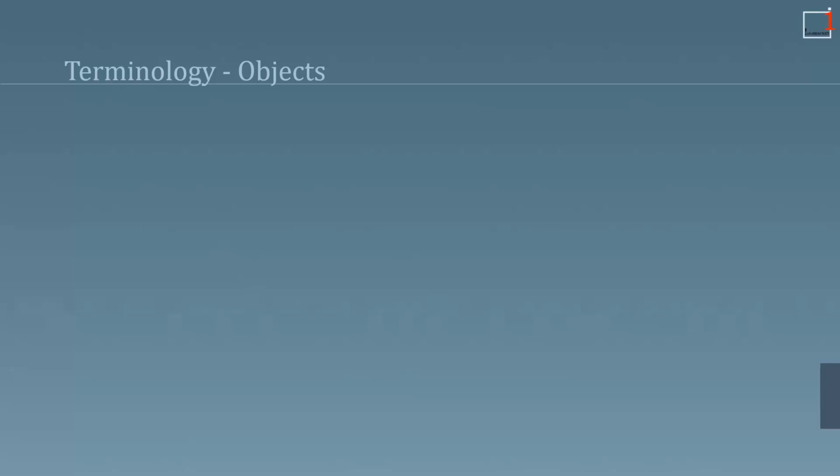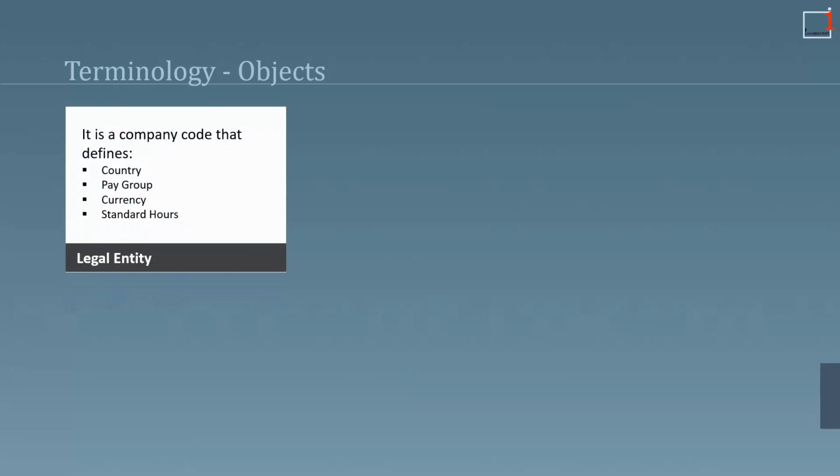In this next slide, which is the terminology, basically we have these objects. The legal entity is the highest level building block of any given org structure, and it is a required field for any employee associated with the organization, because this is a mandatory field in the employee record.